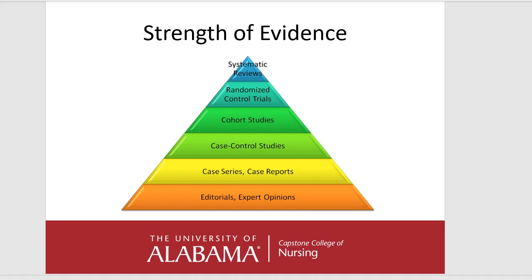Was it an editorial? Was it an expert opinion? Was it a case report? Some other type of study or randomized control trial or systematic review? And the idea behind this pyramid is that the higher you go up, the stronger the evidence. So you will learn more about that again in your readings, and you'll actually have an assignment related to this idea.